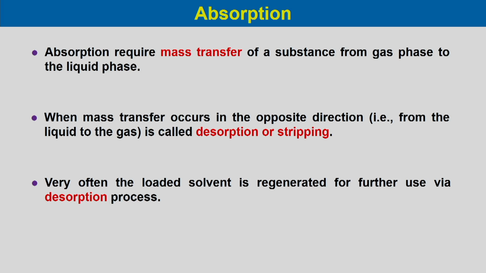You will get the dissolved gas at the top, and at the bottom of the column you will get regenerated solvent, which is usually at higher temperature, and you can cool it down to use it further in the absorber, where it will be fed at the top of the absorber.